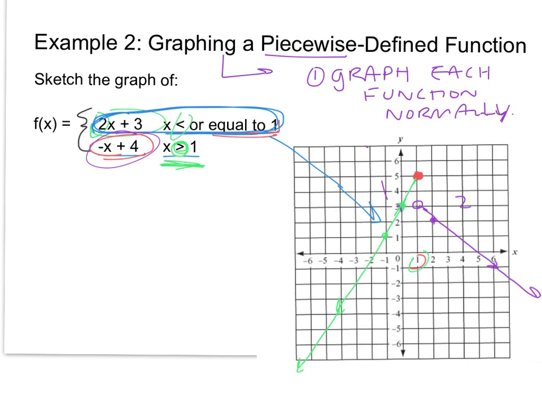And that's going to allow us to use the intercept, the y-intercept and the slope just like normal. And then 2, erase what doesn't fit. Okay, so use your domain to define what doesn't fit. That's the x is greater than 1, x is less than 1, etc. So you're going to graph each function normally and erase what doesn't fit, and that's going to allow us to graph these piecewise defined functions.